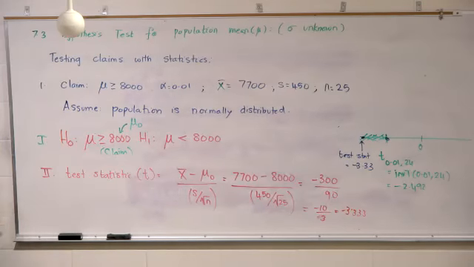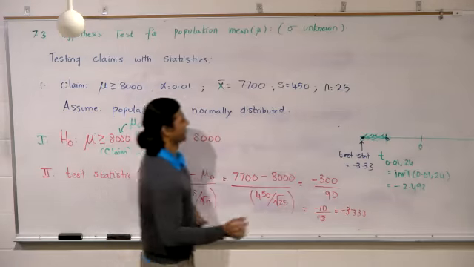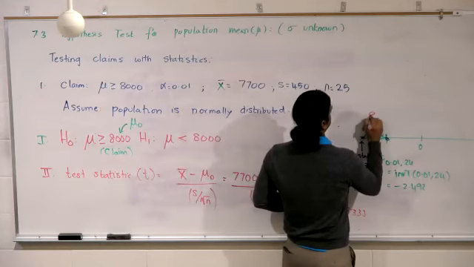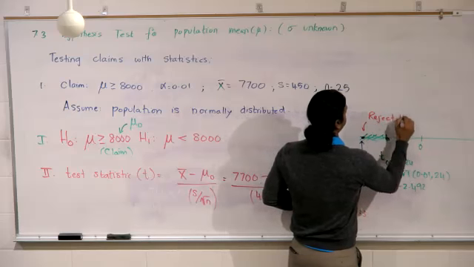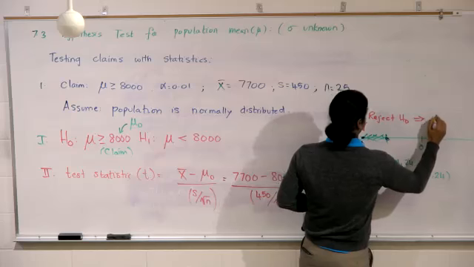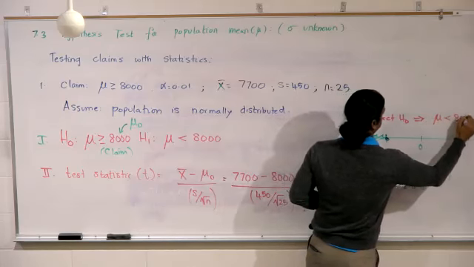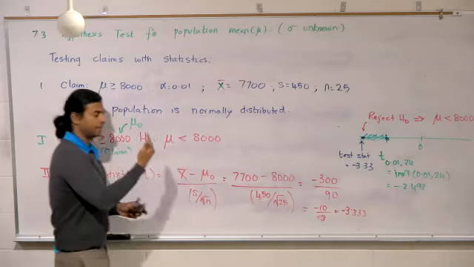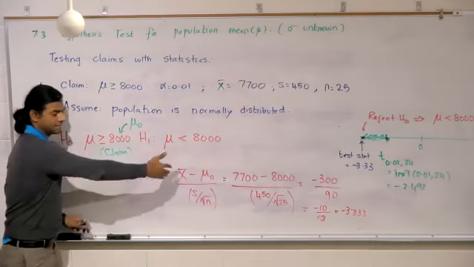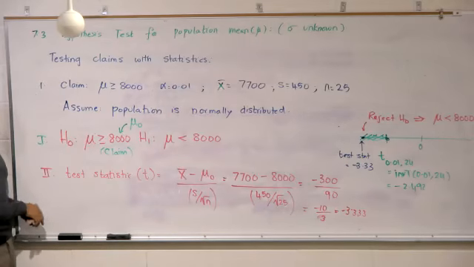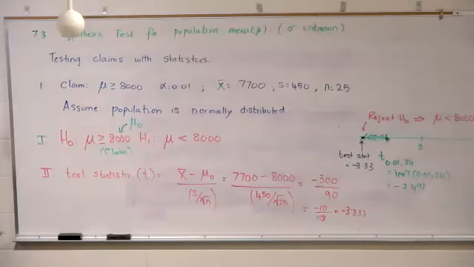If we reject the null, we're finding evidence toward the alternative. So is the claim true or false? False. The data is providing evidence toward the alternative. The claim is in the null, so we have no support for the claim, so the claim is false.